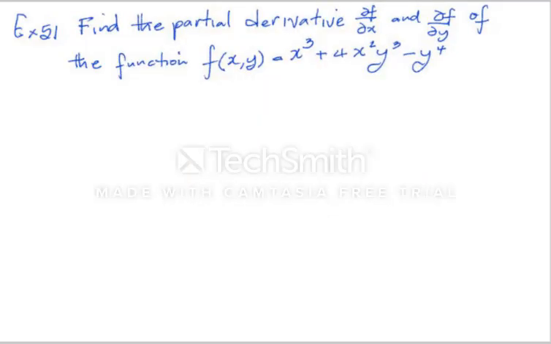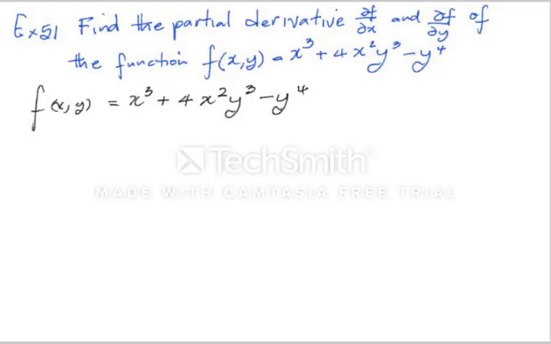Here's an example. Find the partial derivatives delta f by delta x and delta f by delta y of the function f of x and y equal to x cubed plus 4x squared y cubed minus y to the fourth.